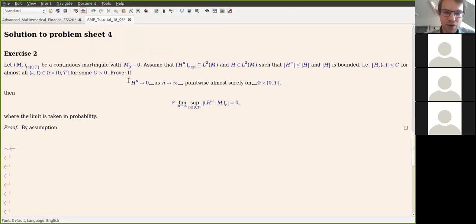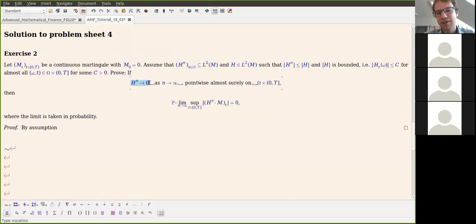What we want to show is, if these functions Hn go to 0 pointwise, then the limit of the probability of the supremum goes to 0. So basically the integral process goes to 0 uniformly in time in probability.